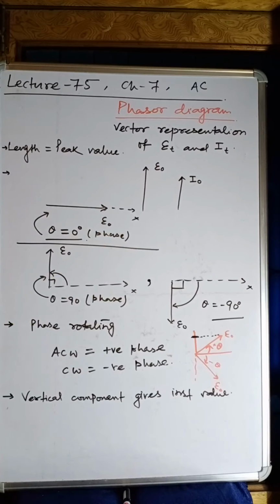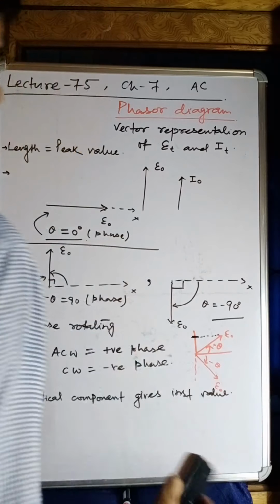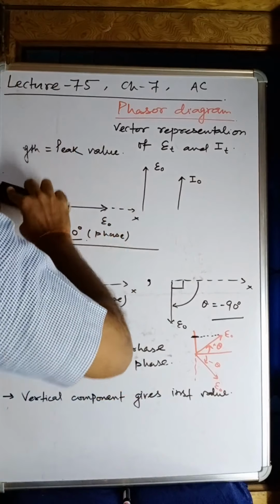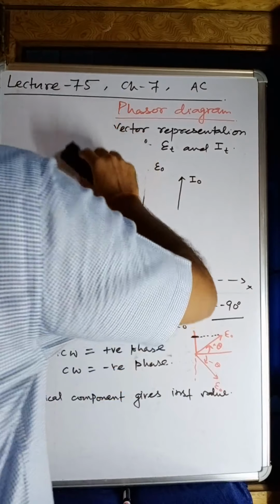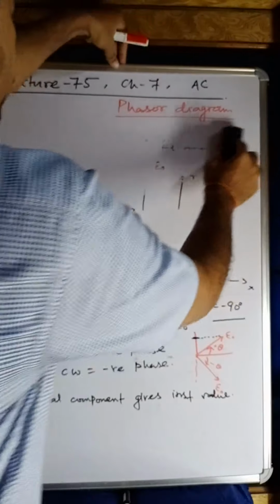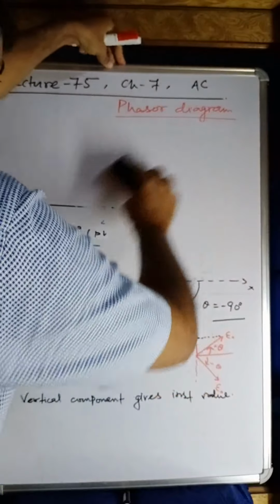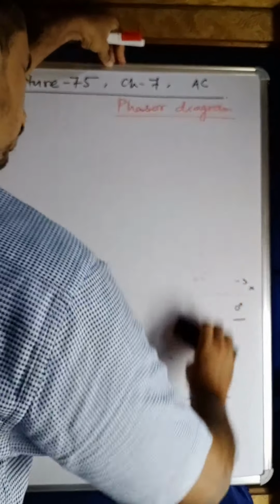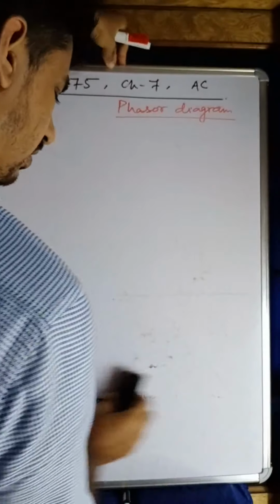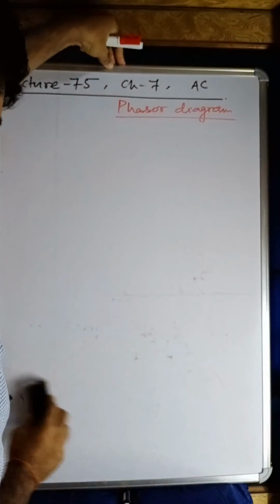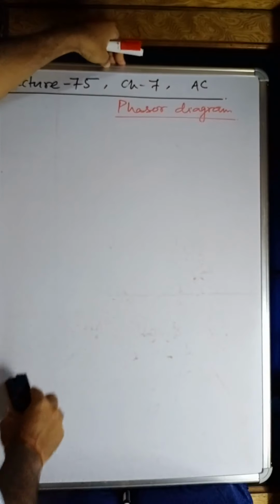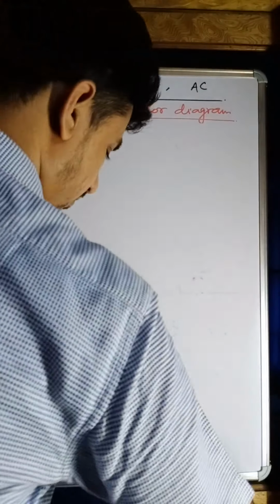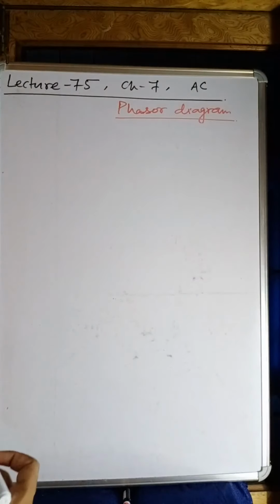Phasor diagram of pure resistive circuit, let me draw. I hope you understand this phasor diagram, my dear students. I am going to draw here the phasor diagram of the resistive AC circuit.